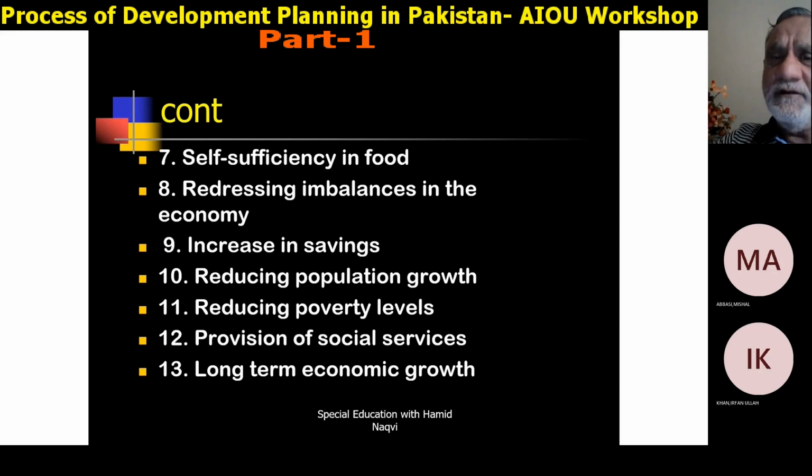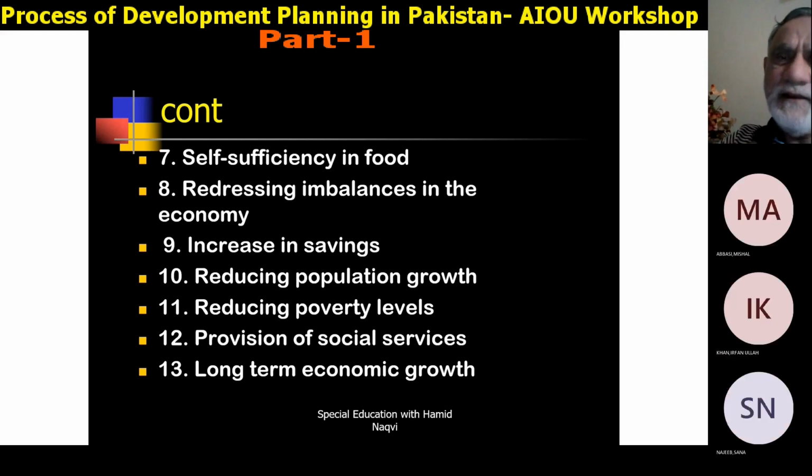So the government plans in a way that they declare certain areas as cotton growing areas, other areas as wheat growing areas, other areas are made available for sugar cane so that there's no shortage of sugar cane, hence not affecting the sugar industry.